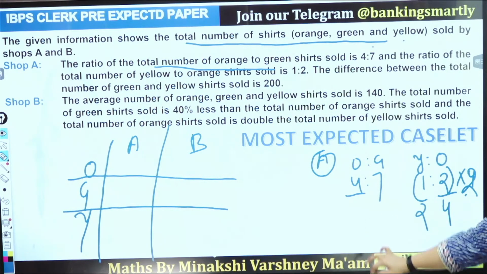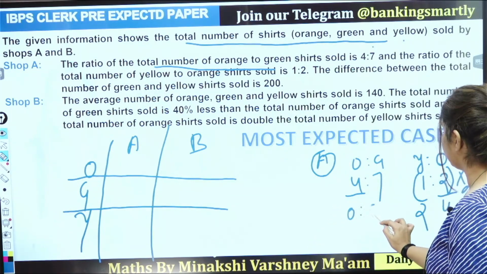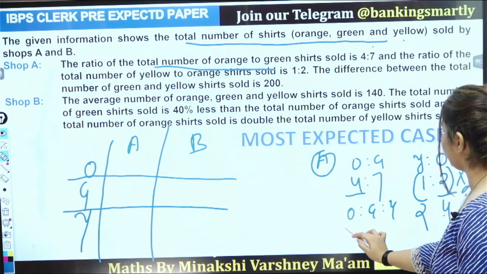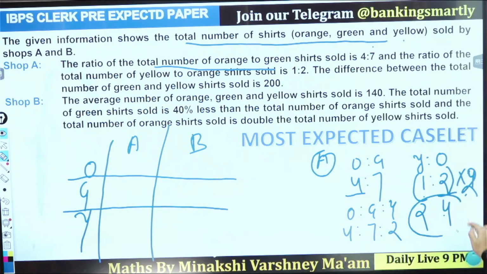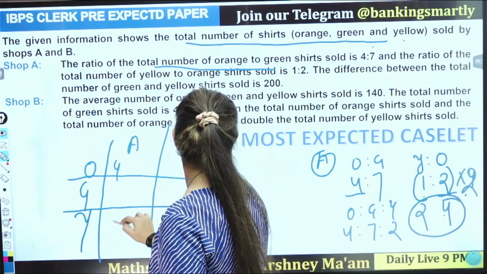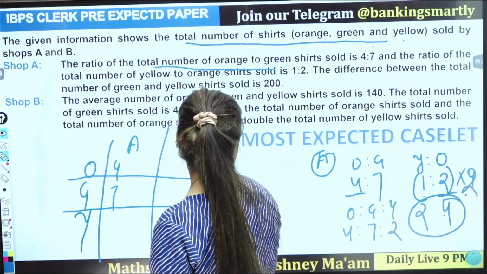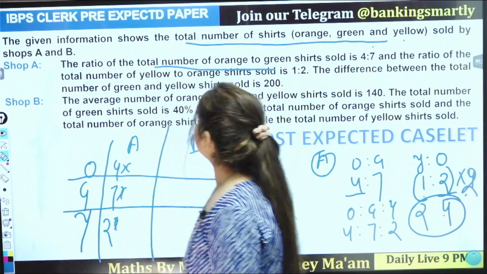Now we can combine this ratio. Orange is 4 units, green is 7 units and yellow is 2 units.